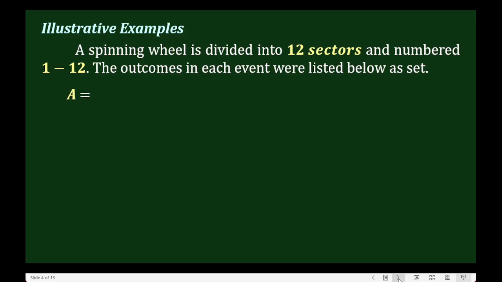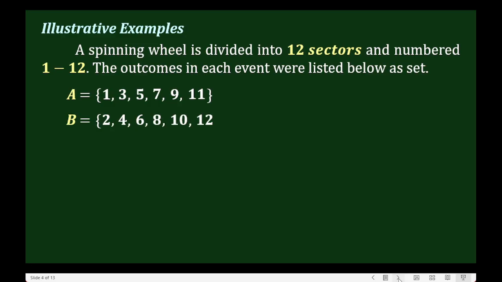For event A, the elements are 1, 3, 5, 7, 9, 11. For event B, its elements are 2, 4, 6, 8, 10, 12. For event C, the elements are 2, 3, 5, 11.